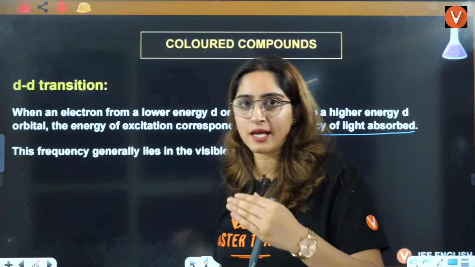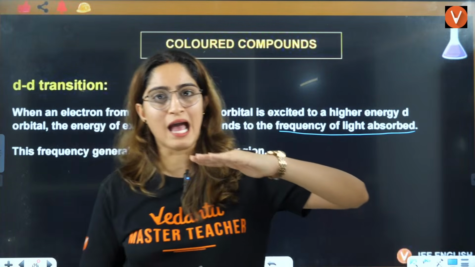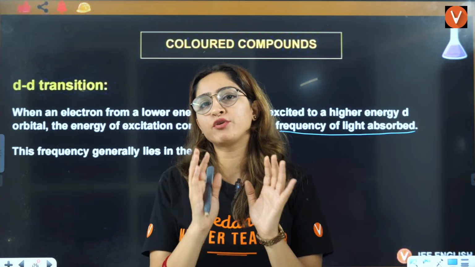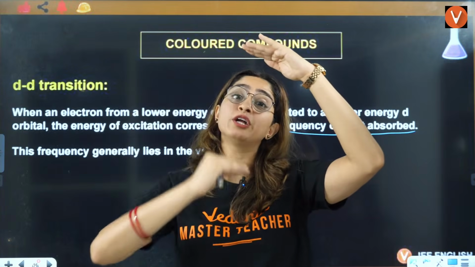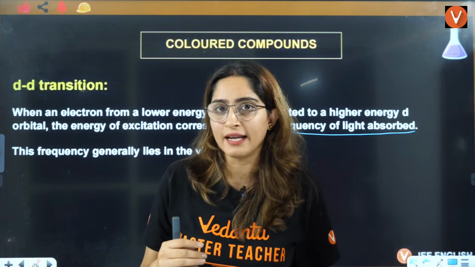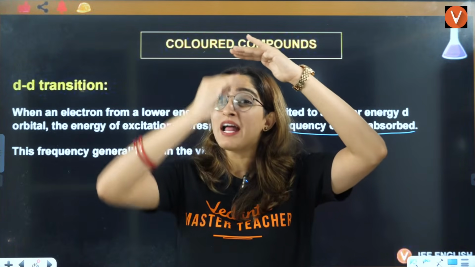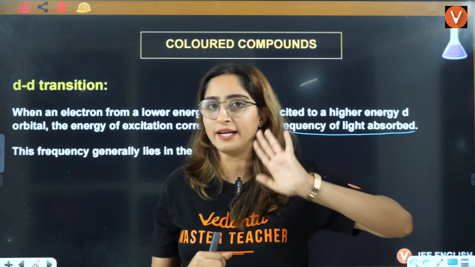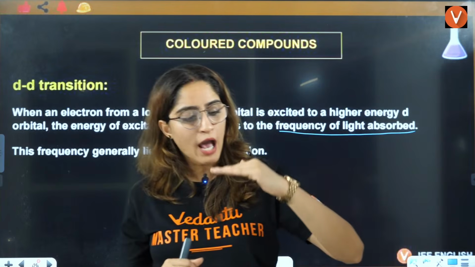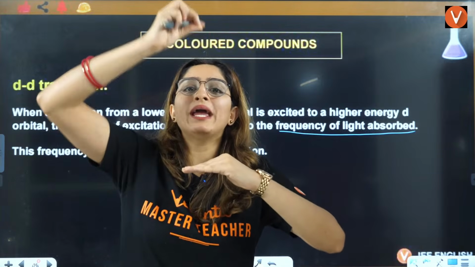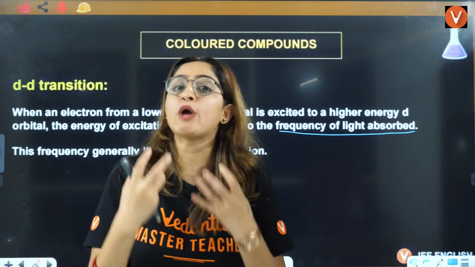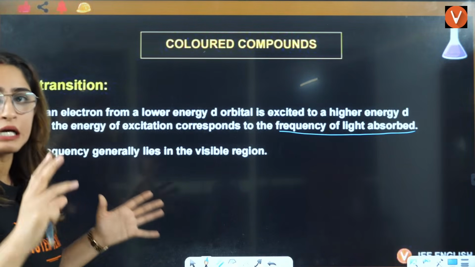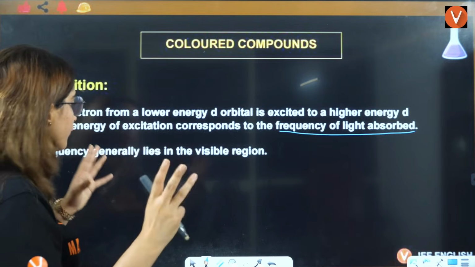Say there is a college, this is IIT, this is NIT. For NIT you have to have a certain rank, but for IIT you need a better rank than NIT. So you need to get that rank to be in IIT. Same thing here. You have lower, you have higher. To be in the higher orbital, you need to absorb that amount of energy, which will correspond to a certain light, a certain frequency.